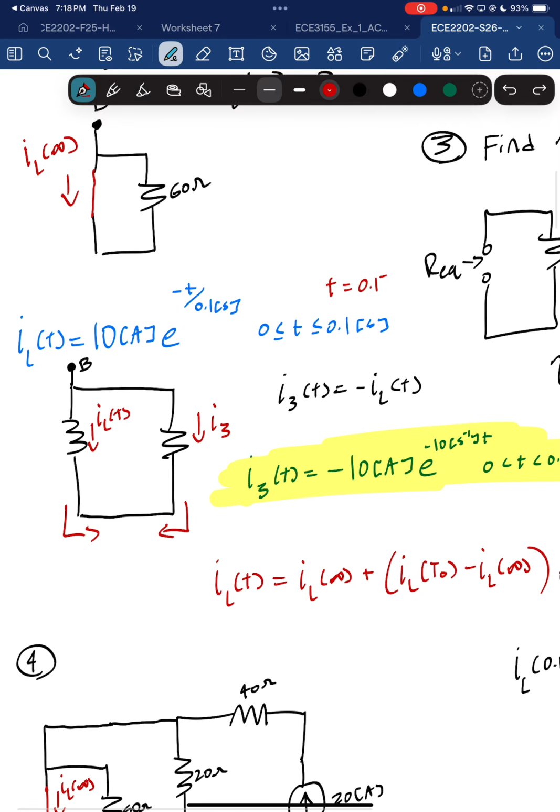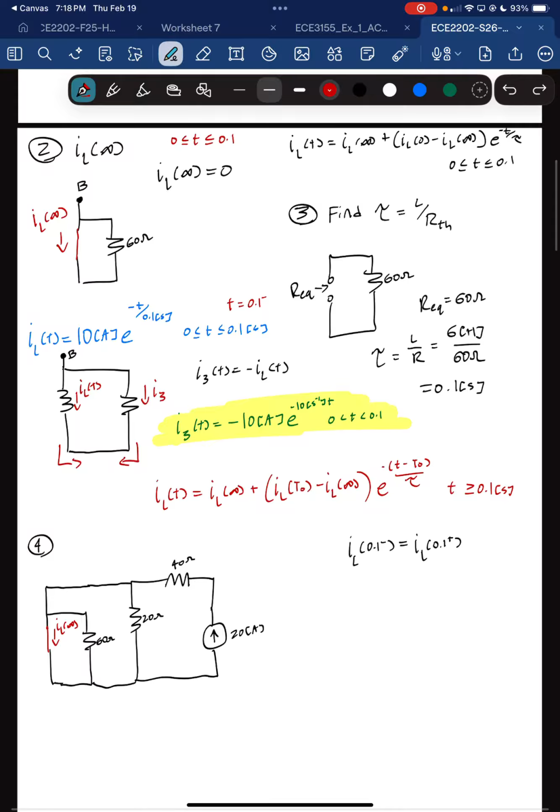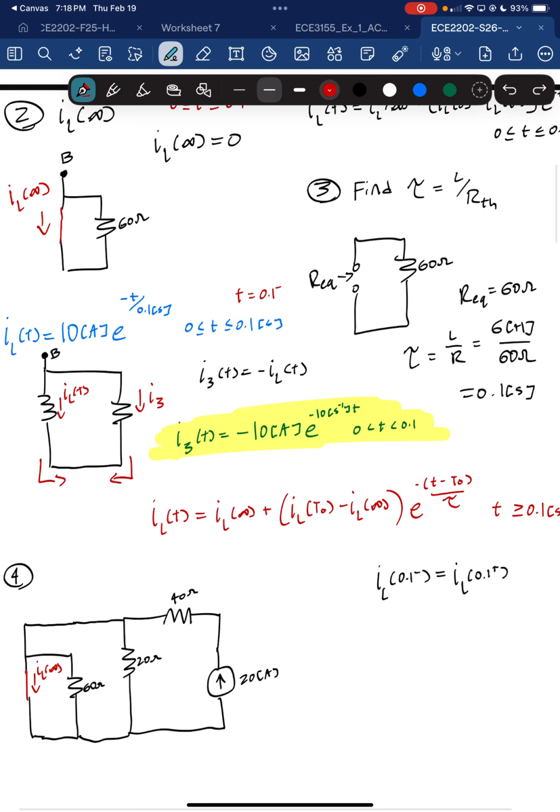And notice how I put less than or equal to. That's because whatever value we get for IL of 0.1 holds true at 0.1. It's inclusive of 0.1. So that's kind of the theory behind it. In simpler terms, whenever you have multiple switching events, you always use your first equation to find the initial condition of your second. Always.